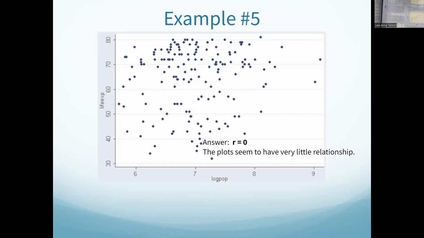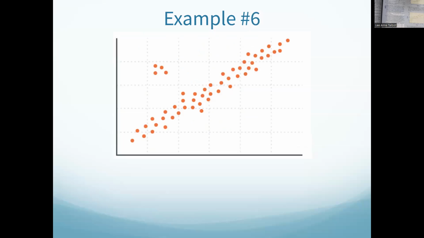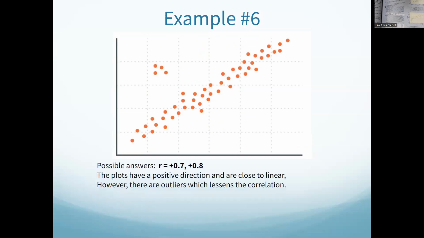Higher than 0. 0.6. 0.8. Oh, but those are outliers. Okay. 0.8. I'll say 0.6.